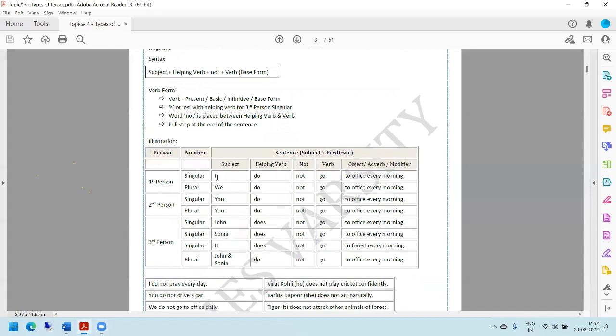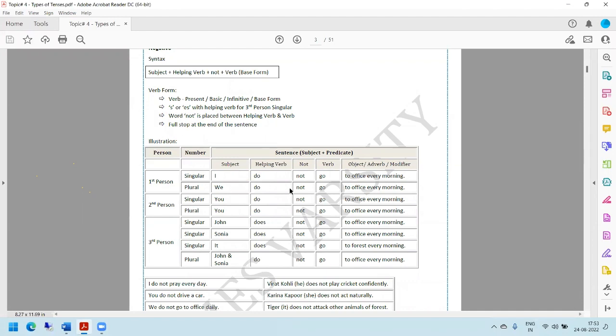For first person singular I: I do not go to office every morning. Here you see the helping verb do is added and another new word, not, is added. If you remove this do not, it becomes I go to office every morning. So it becomes assertive, and in an assertive sentence, if we add a helping verb and not, then it becomes negative. So as you can see, I do not go to office every morning.